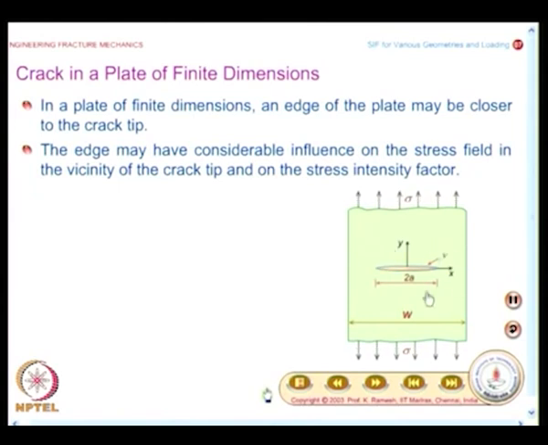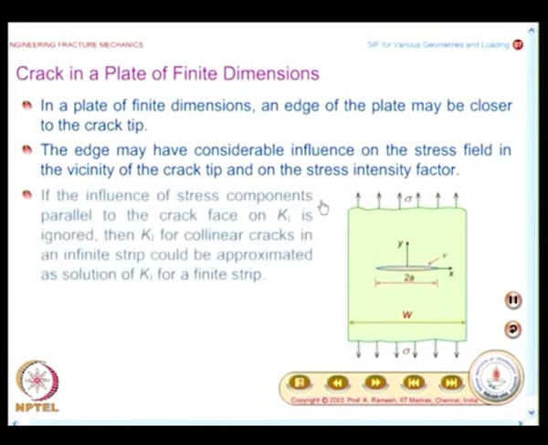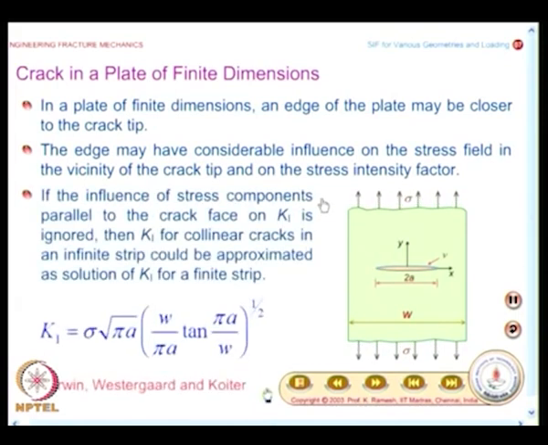So, they needed expressions which are analytically reasonably good to find out the value of K. And what you have to keep in mind is, when I have longer and longer cracks, the edges will have a considerable influence on the stress field. So, the solution needs to be improved further, but this is how initially the solution was looked at.